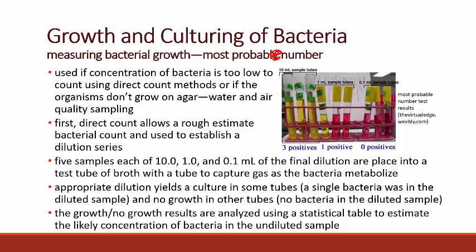So one where you actually have more bacterial stuff than water in that final dilution, and you place these into a test tube of broth with a tube that captures gas as the bacteria metabolize.